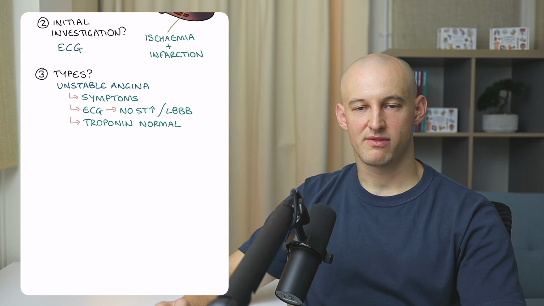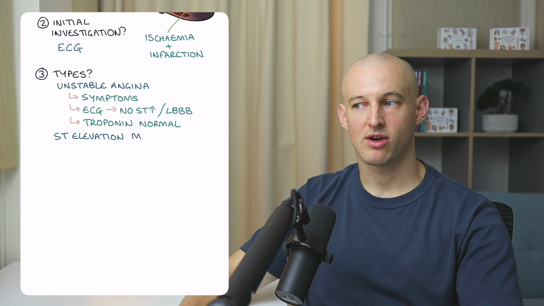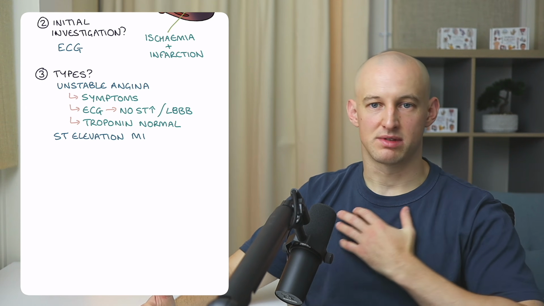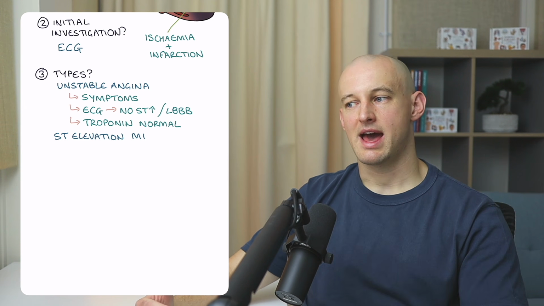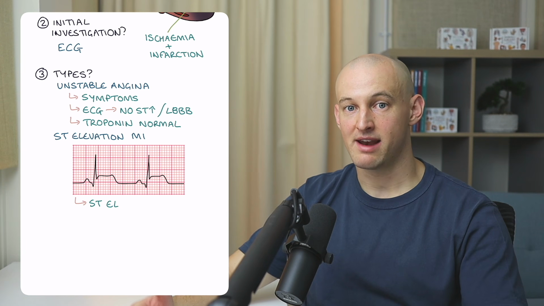The second type of acute coronary syndrome is an ST elevation myocardial infarction, or a STEMI. This is when the patient presents with chest pain at rest, and you do an ECG, and you diagnose this by there being an ST elevation.